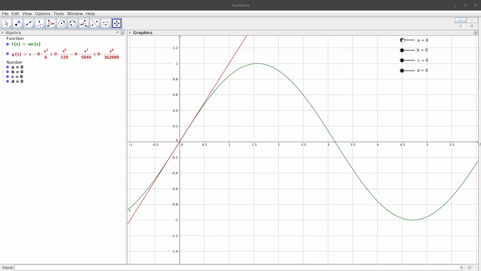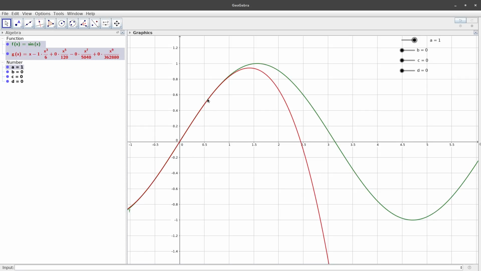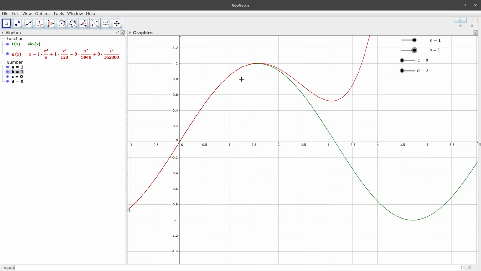If I add in the next term, and don't forget that's the red line here, you can see this is pretty good, even as far up as round about 0.6ish. So we've added in that next term. Let's add on one more term. Where does that get us? We're almost right now, almost as far as a half pi.